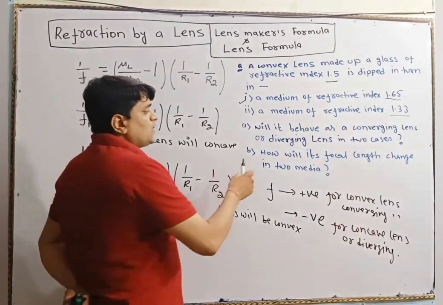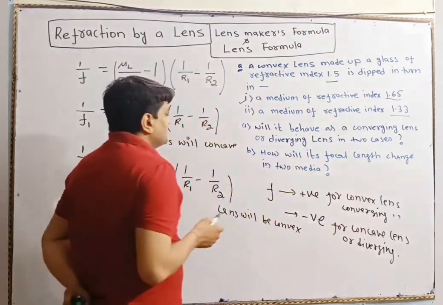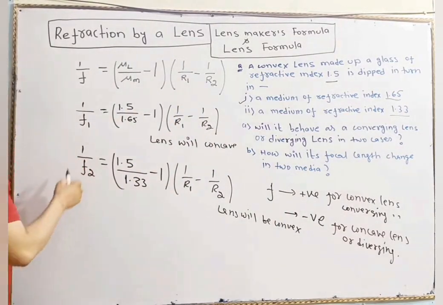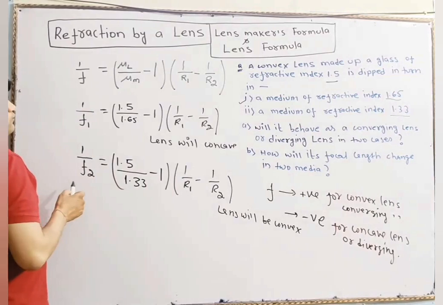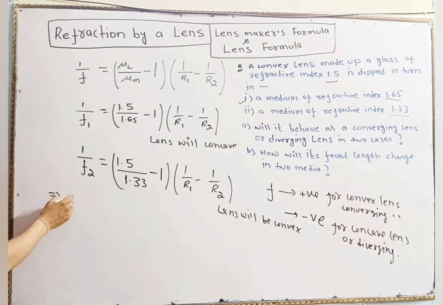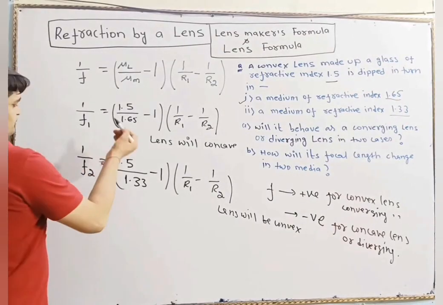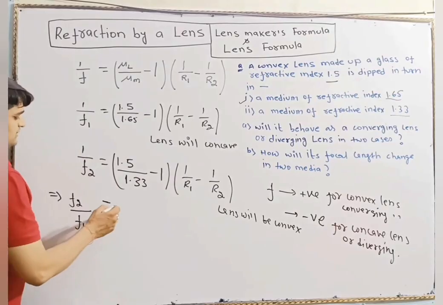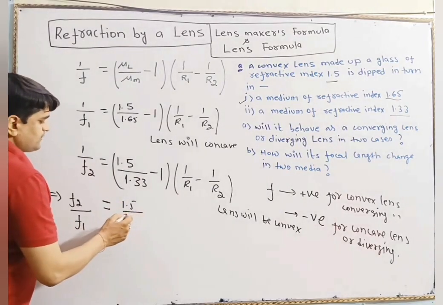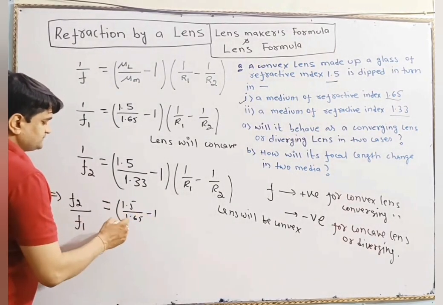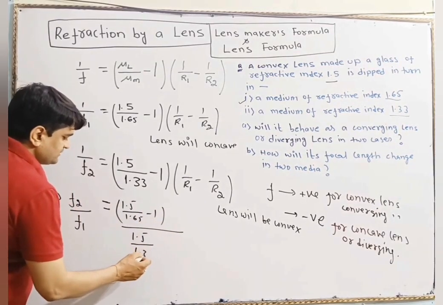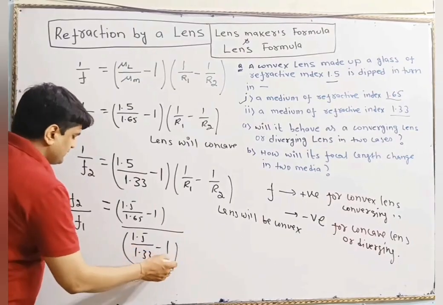In the second part, how will its focal length change in the two media? Okay, let's divide. If I divide, what will happen? It will be f2 upon f1 equal to (1.5 upon 1.65 minus 1) upon (1.5 upon 1.33 minus 1).